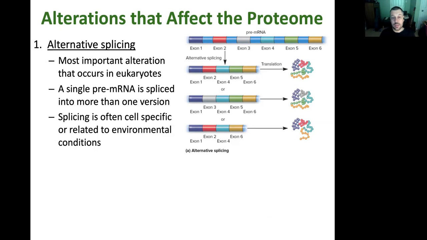One of the cool things that has been discovered about eukaryotic genomes is that one gene can undergo different types of splicing to mix together different exons. That is called alternative splicing.